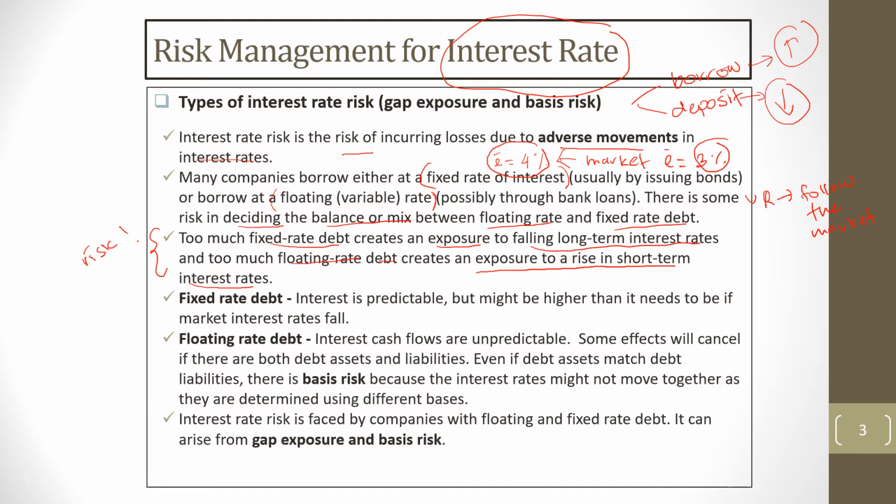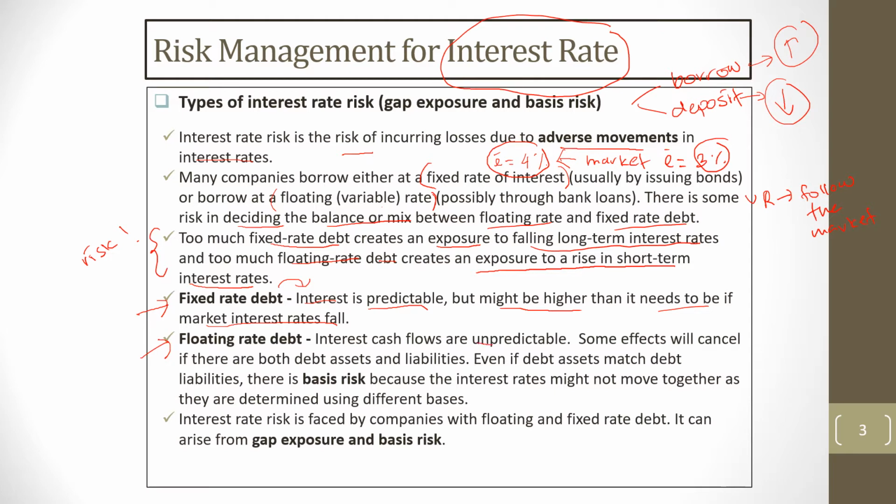So, dia macam vice versa dengan yang atas. Okay, so fixed rate debt. Apa tu fixed rate debt? Interest is predictable but might be higher than it need to be if the market interest rate fall. Okay, ini yang I maksudkan dekat atas tadi. So, dia explain balik.